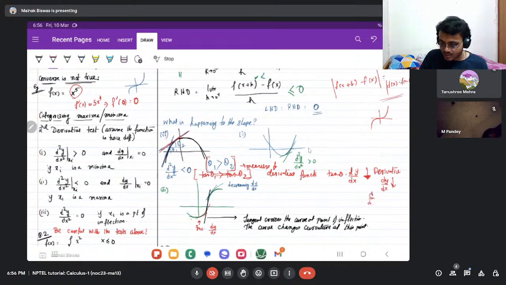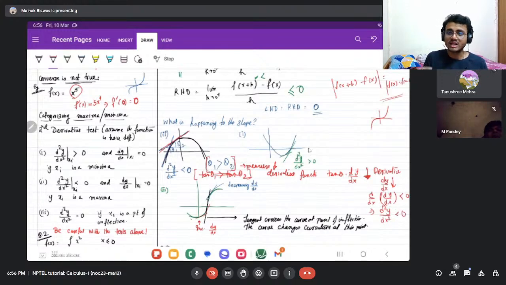So d/dx of dy/dx, will it be greater or lesser than 0? Less than 0, correct. Because your derivatives are decreasing, the derivative is also a function, and if a function decreases, its derivative is less than 0. So your d2y/dx2 has to be less than 0.